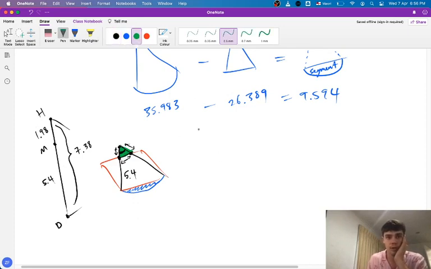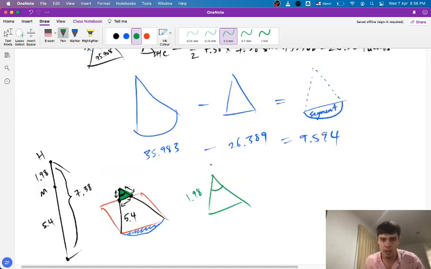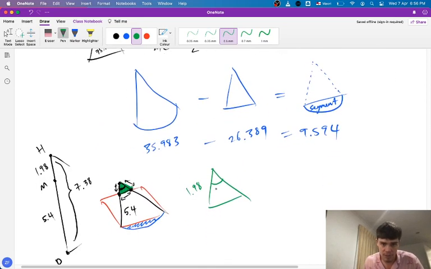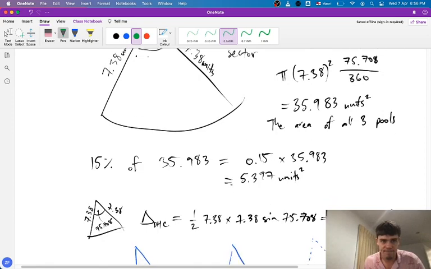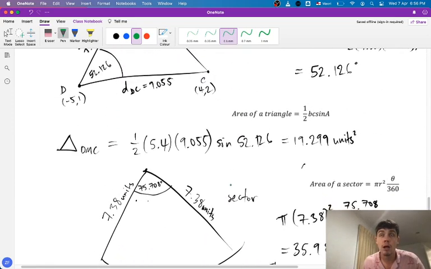So our little green triangle, I'll just draw a little diagram for it. We now know that it's 1.98, and we know that this angle here is 75.708. And we know that the other one, is the other one going to be exactly the same? No, it's totally not.